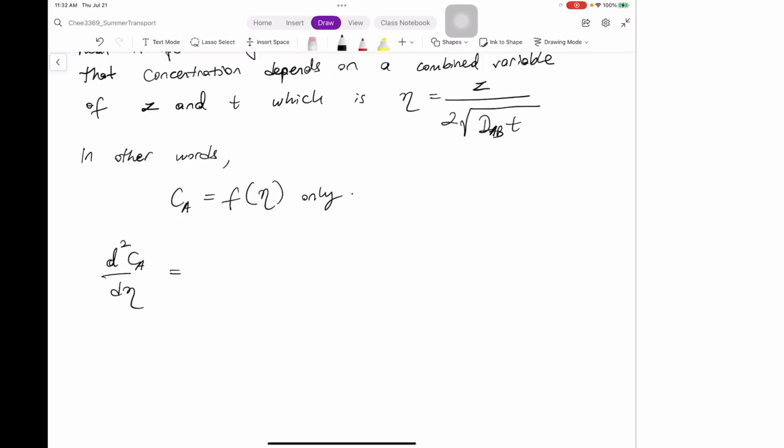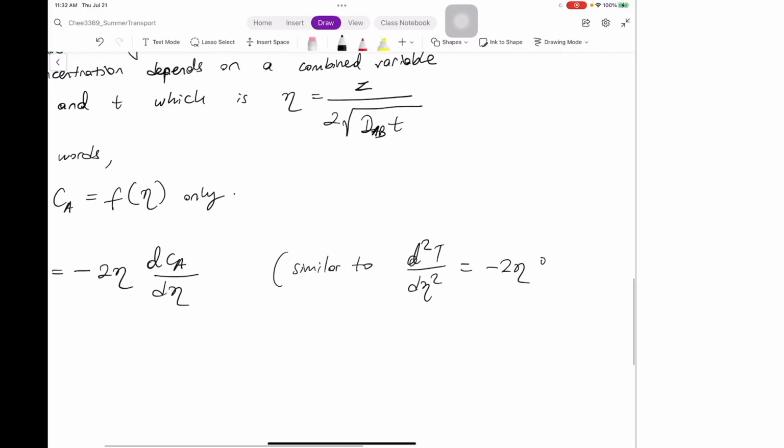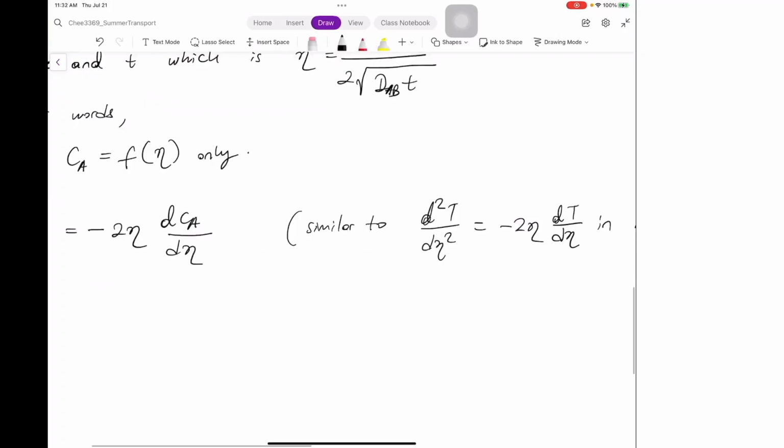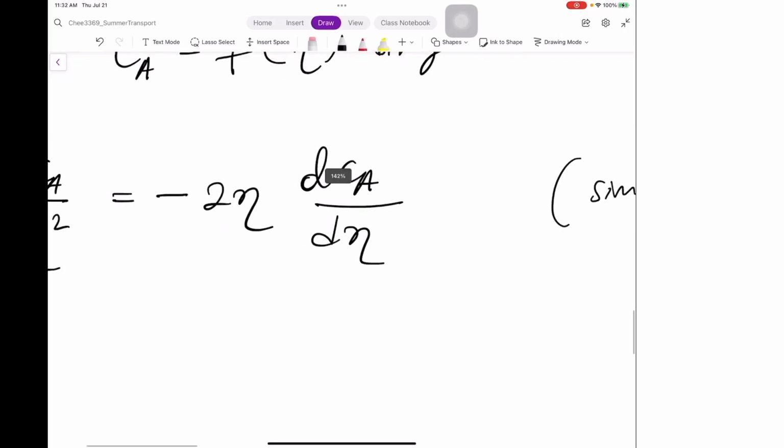The equation is d squared CA over d eta squared equals negative 2 eta dCA over d eta, similar to d squared T over d eta squared equals negative 2 eta dT over d eta in the heat transfer case, right? And you use the boundary conditions now. The boundary conditions might be a little different, but this equation is still valid.